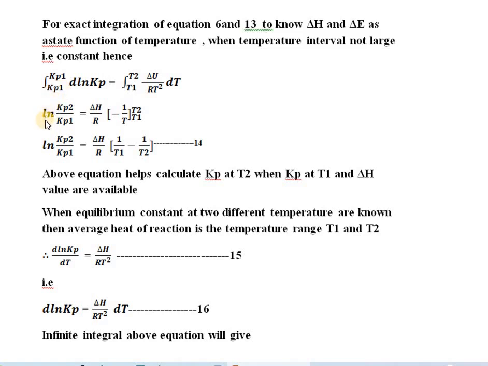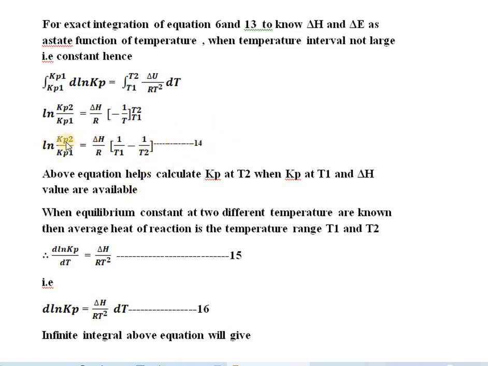Therefore, ln Kp2 by Kp1 is equal to delta H by R into minus 1 by T, from T1 to T2. So ln Kp2 upon Kp1 is equal to delta H by R into 1 by T1 minus 1 by T2, equation 14.